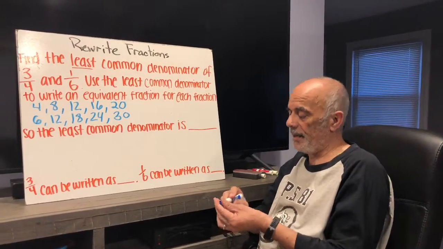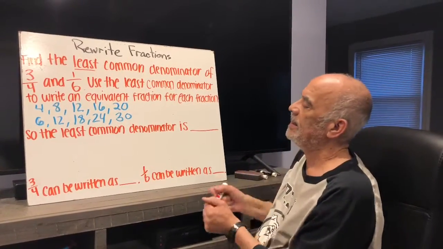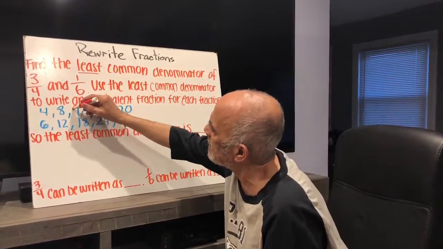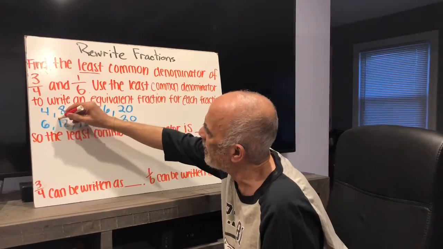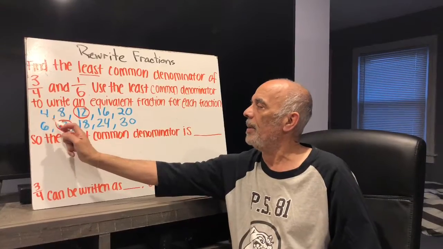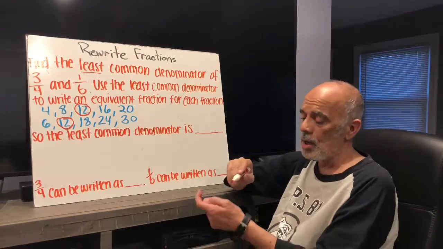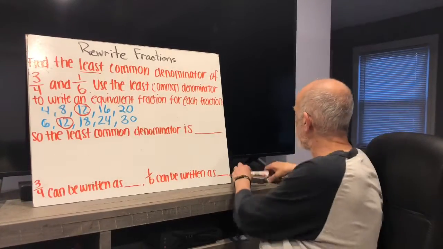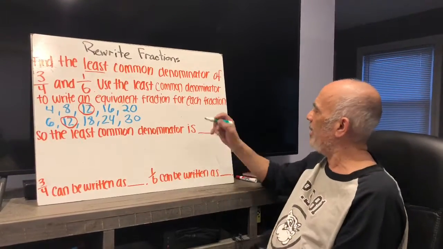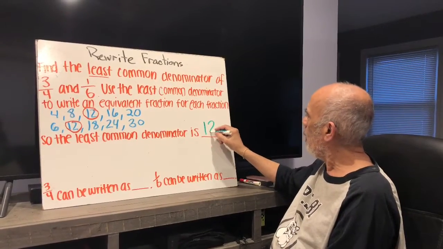As I was writing, right away I saw that we have a 12 here and a 12 here. And there is no number below that that is the same or common. So our common denominator is 12.